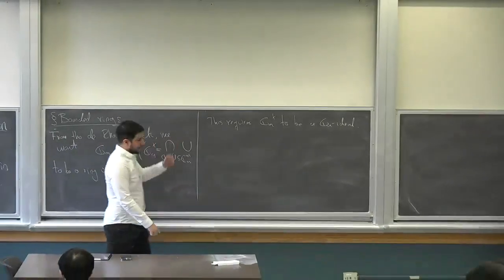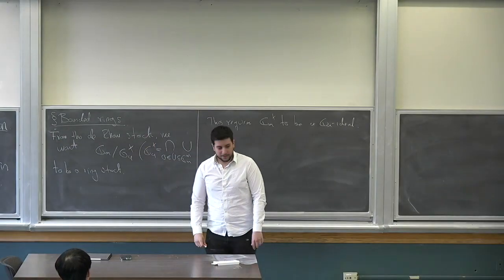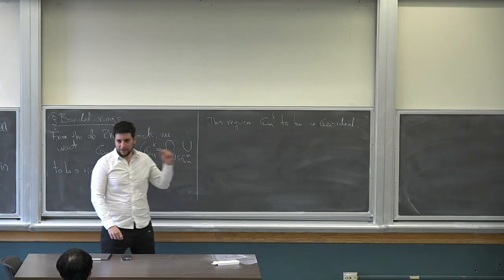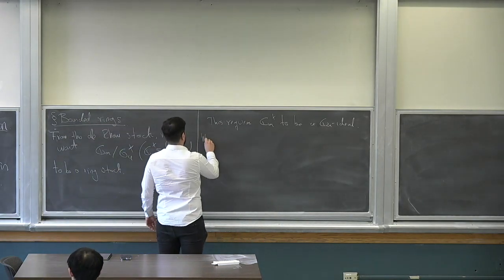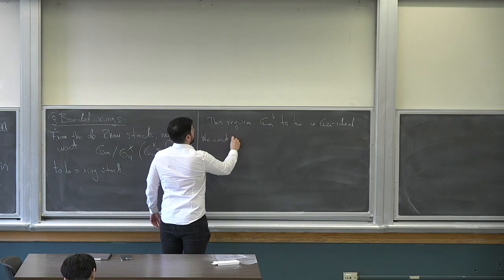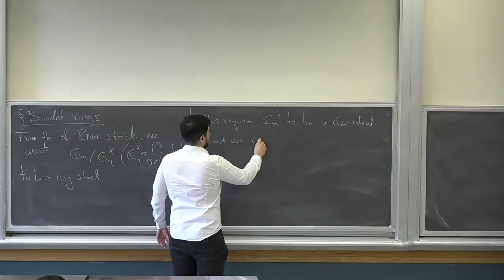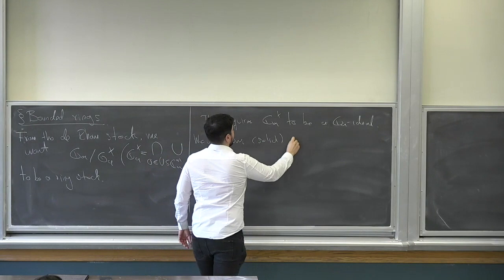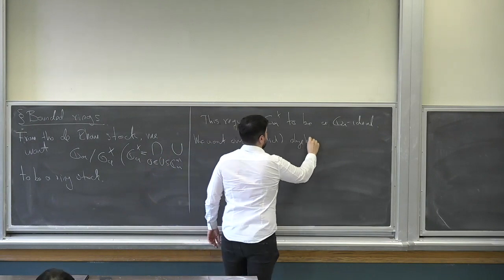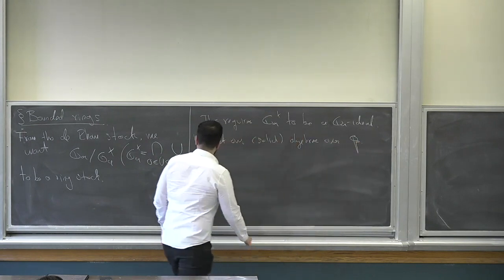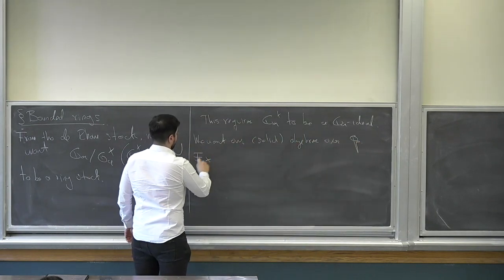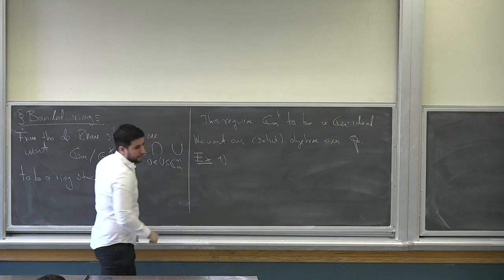Maybe let me give an example of why this is not true for any algebra. So we are working over solid algebras over Q. Then the first example of these things was this ring itself.